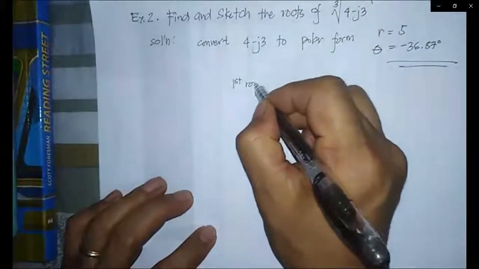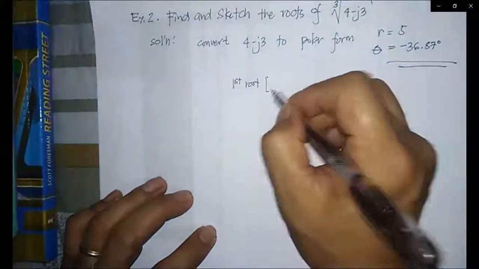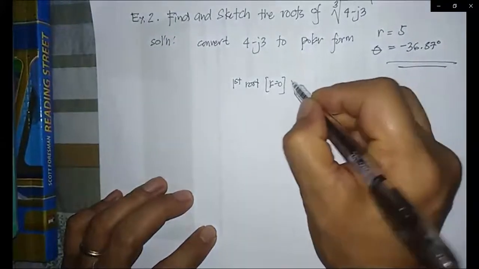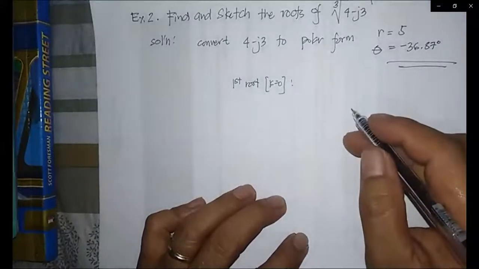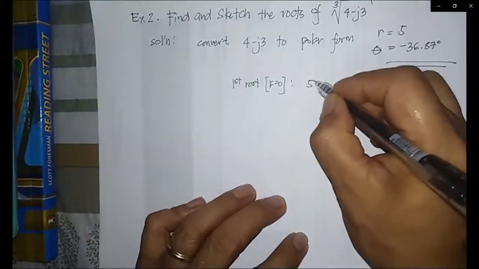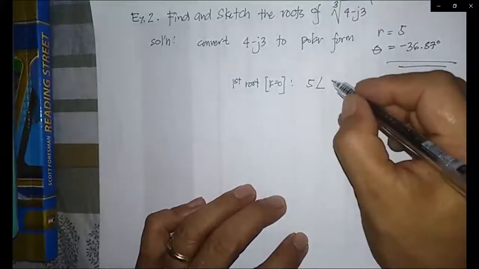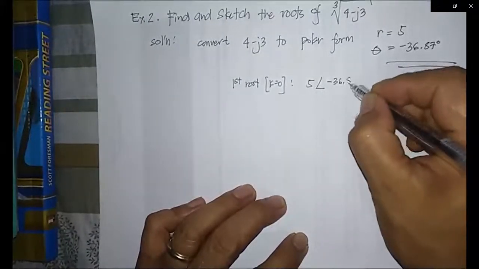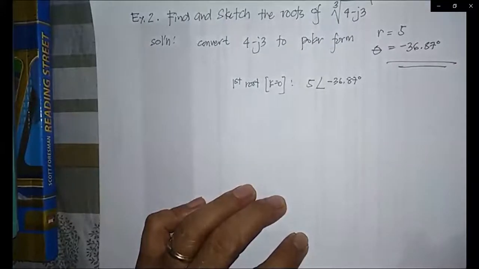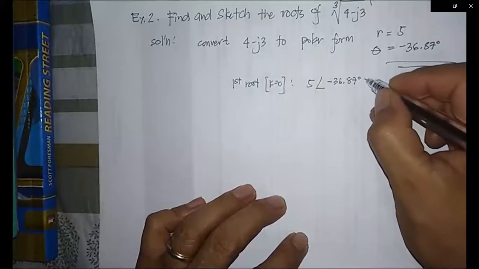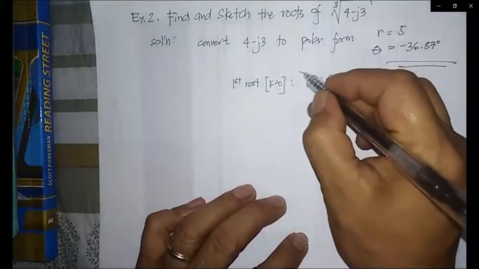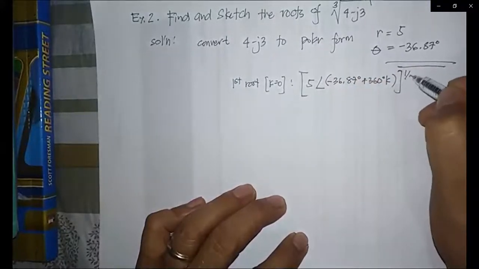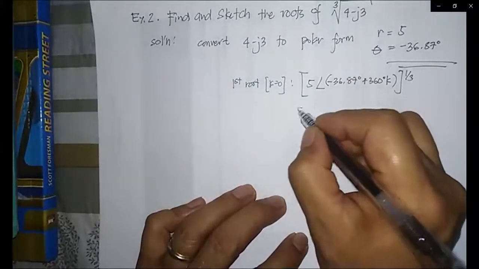Let's solve for the first root. The first root is when k is equal to 0. I will not be writing the formula anymore, but rather the magnitude and the angle, negative 36.87, raised to the power of 3. By the way, that is plus 360 degrees times k, that's the general form, raised to the power of 1/3 since we are looking for the cube root.